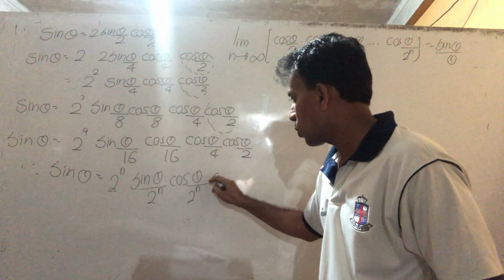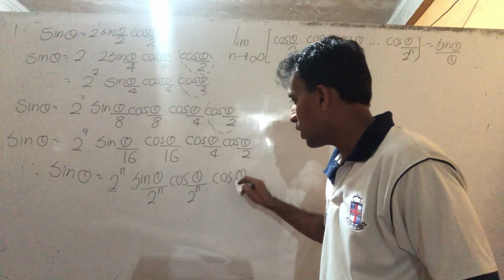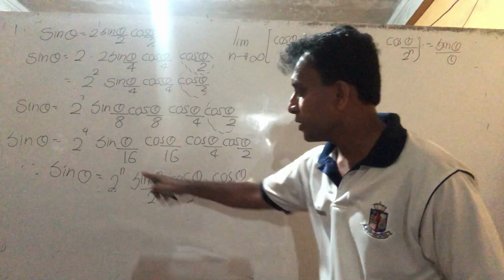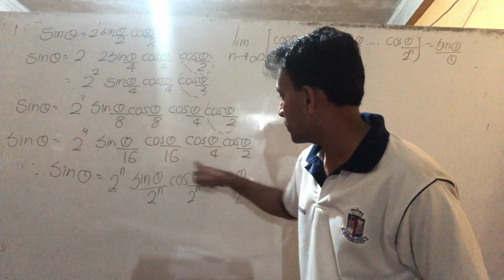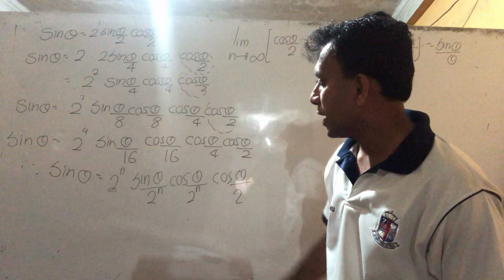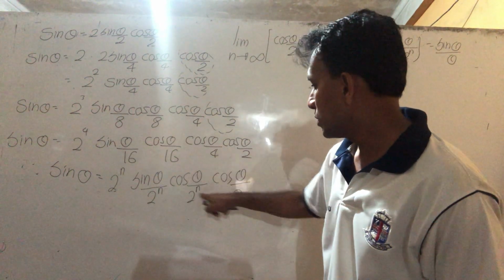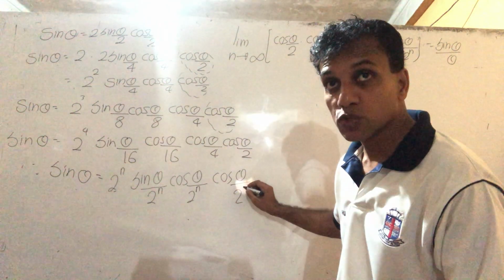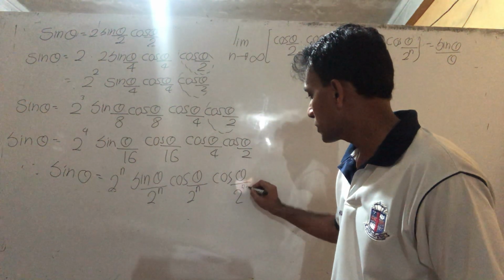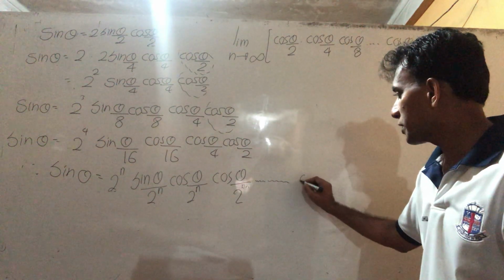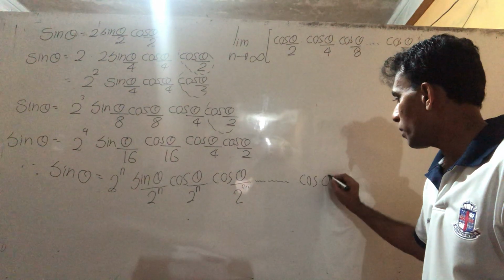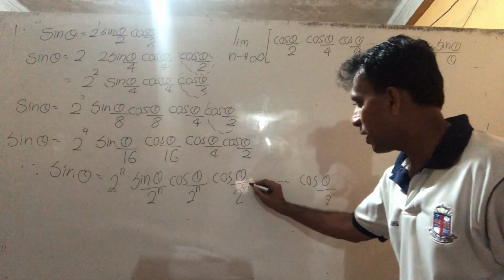But for the other one, cos theta over 2 to the power, here the powers of 2 are 2, 4, 8, 16 like that. Continue to n minus 1. And last you can say it becomes cos theta by 2 to the n minus 1.